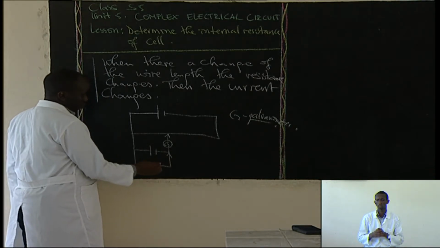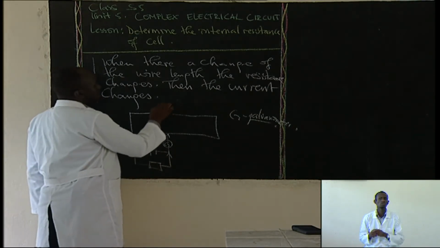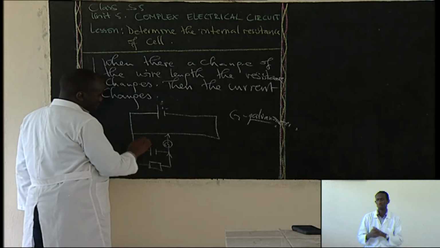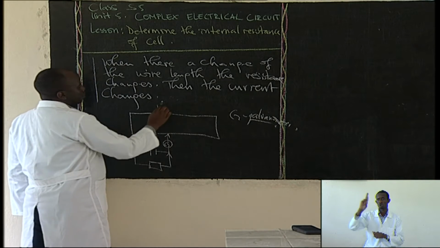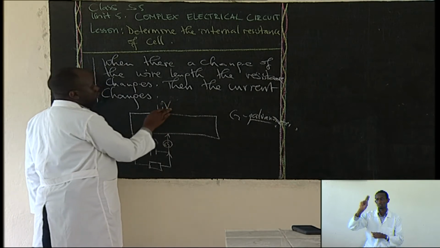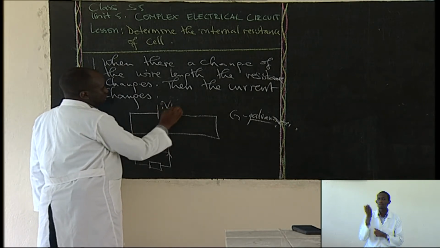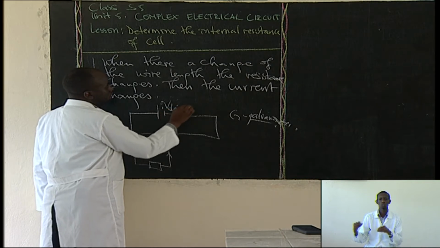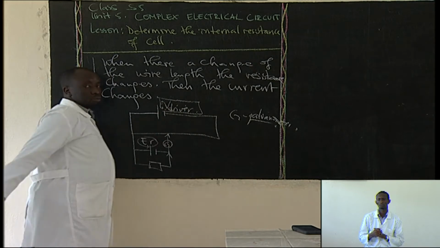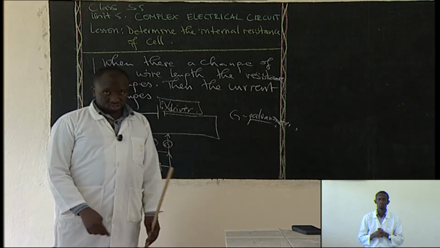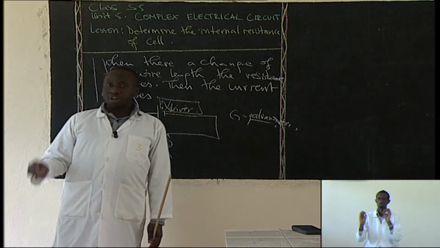But before this, we are going to find the internal resistance. Here we have the electromotive force and internal resistance of this. And this is the potential difference driver, or the voltage that's driving our circuit. Okay, so this cannot change. It doesn't change. So I hope that you are following.